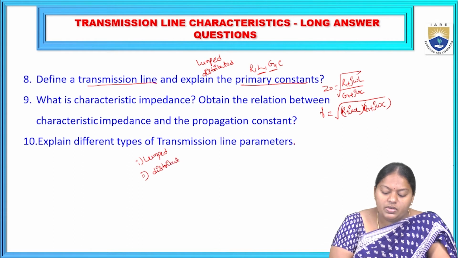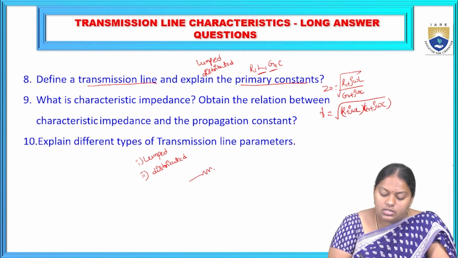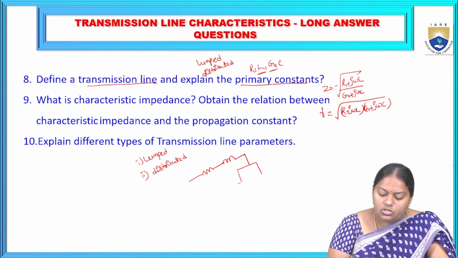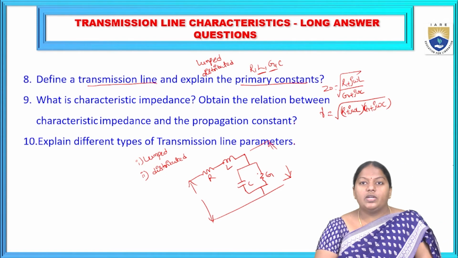For the lumped element section, we have four primary constants connected in the circuit: resistance, inductance L, and the capacitance and conductance G connected in shunt. This is the simple lumped equivalent circuit of a transmission line, with R, L, G and C connected in that particular way.